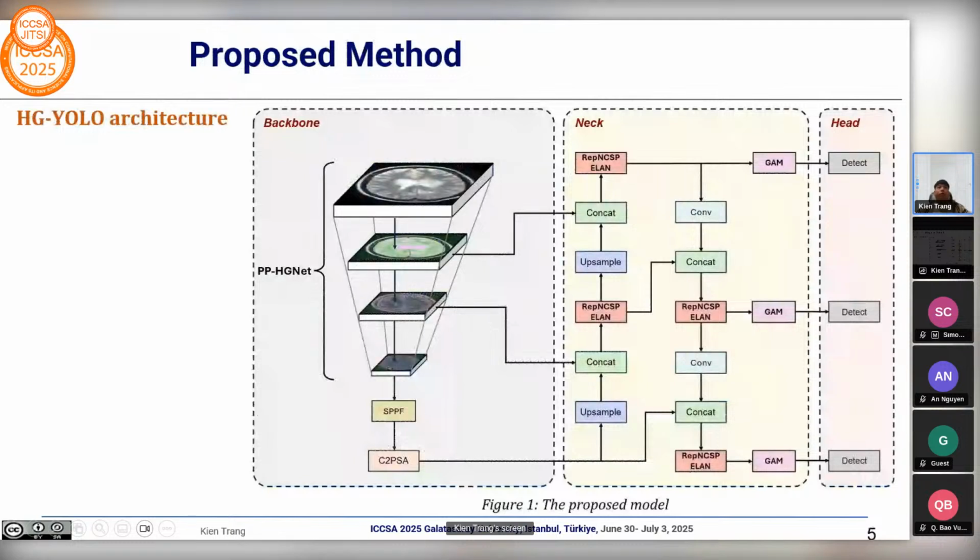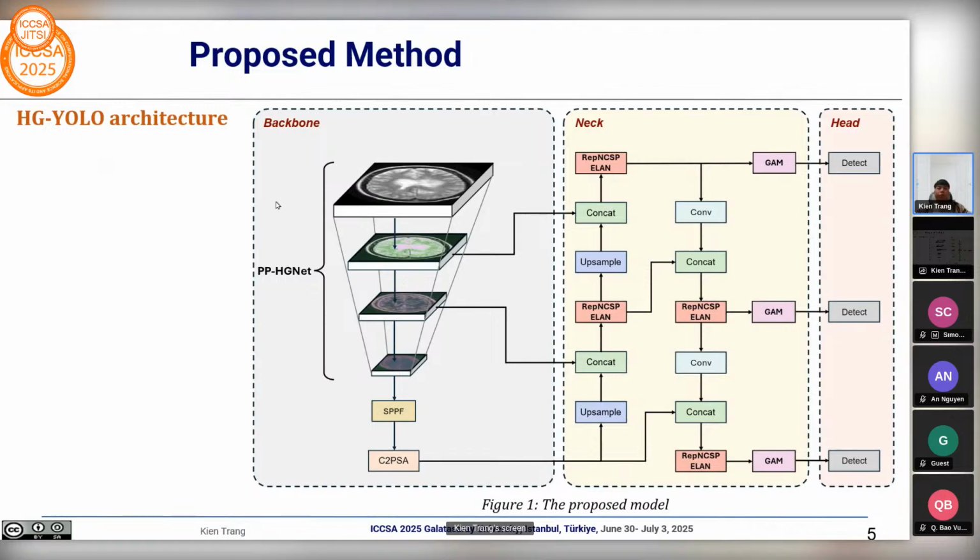So for the proposed method, this is our proposed model. Our architecture is built on YOLO 11, so we have the backbone, neck, and head parts. PPHGNet serves as the new backbone, allowing the model to capture fine-grained features, along with SPPF, the spatial pyramid pooling fast module, which is placed after the PPHGNet to extract more features from various regions of the image at multiple scales.